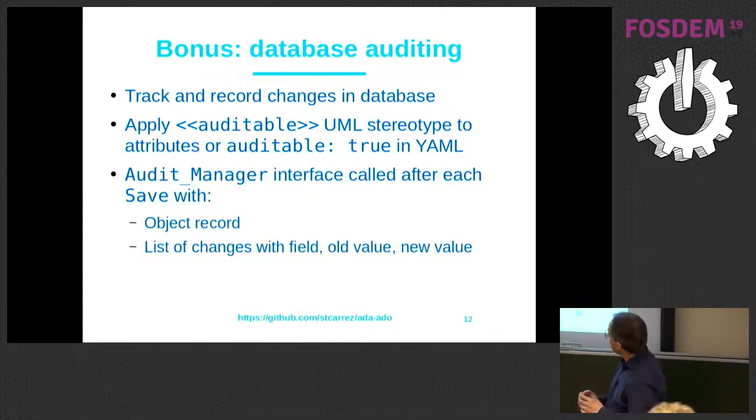By applying an auditable stereotype in UML, or by saying this field is auditable, the framework will generate some different code, and when the save operation is called, it will call the audit manager, which will tell you, okay, this object was modified, and on this object, we modified the name. It has the old value, new value, and you can do some auditing about this.